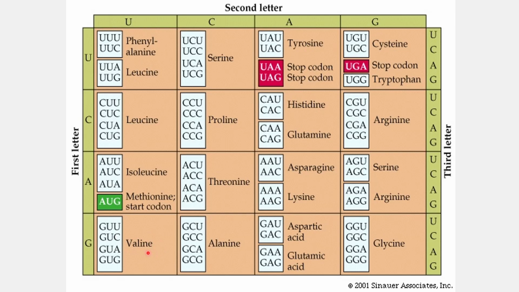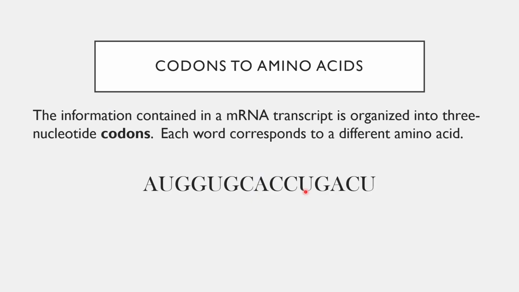Or if there is a set of 3 letters that pops up in the messenger RNA that goes AAC, then a transfer RNA that is carrying the amino acid asparagine will arrive at the ribosome and drop off its amino acid. And so the point of all of this is that the messenger RNA is read by the ribosome in sets of 3 letters. And those 3 letters are decoded by the transfer RNA molecules into amino acids.